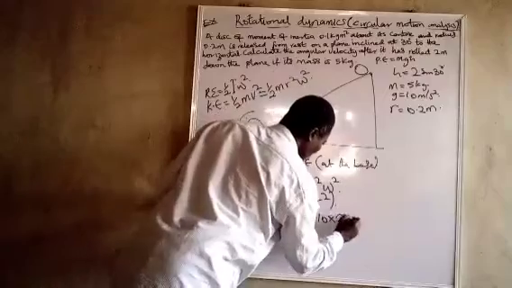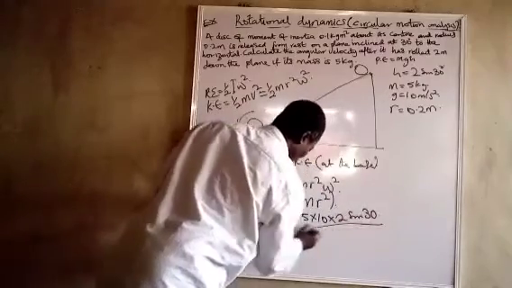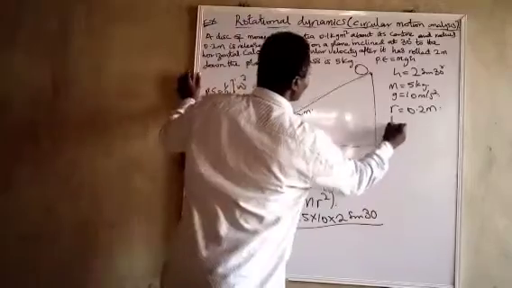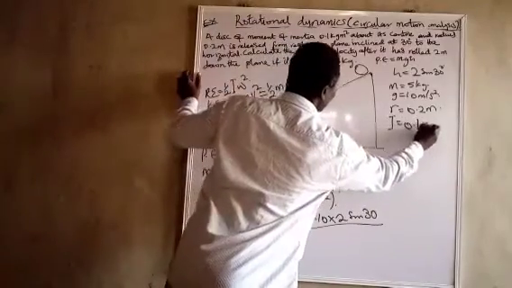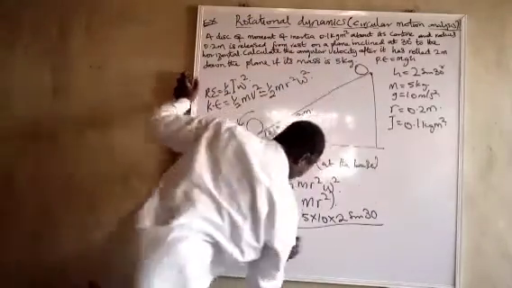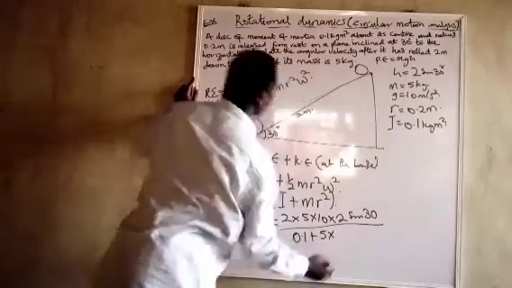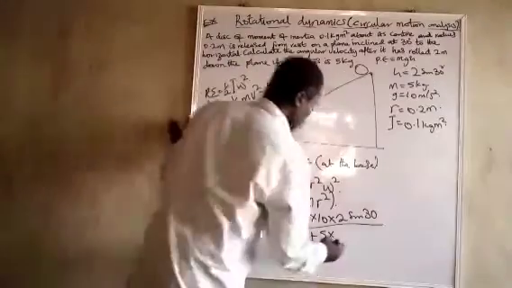What's our h? 2 sin 30, divided by, what's our I? Our I is 0.1 kilogram meter squared. So this is 0.1 plus 5 times the radius, 0.2 squared.